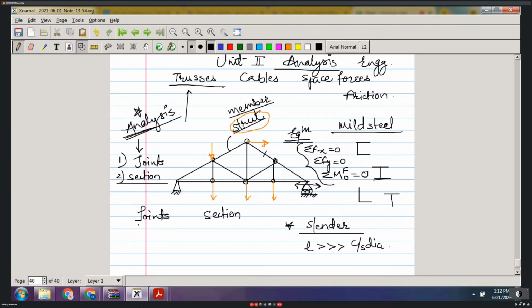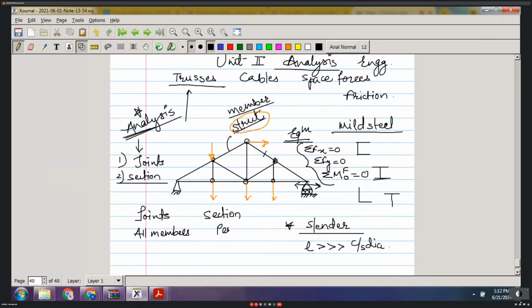If it is asked to find out force in all the members of the truss, then we will go for method of joints. It is for all members. And if specifically in the problem it is mentioned to find out force in this member, this member, or this member, likewise giving its name, we will go for method of section.